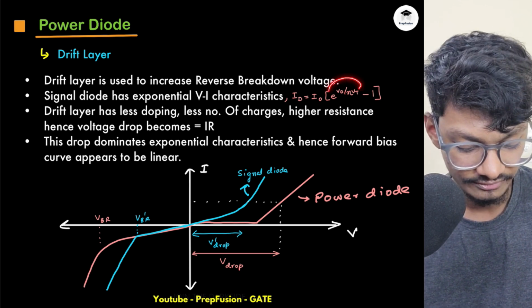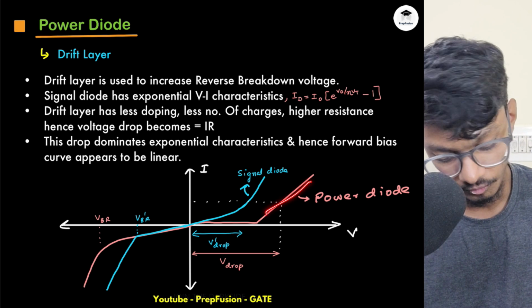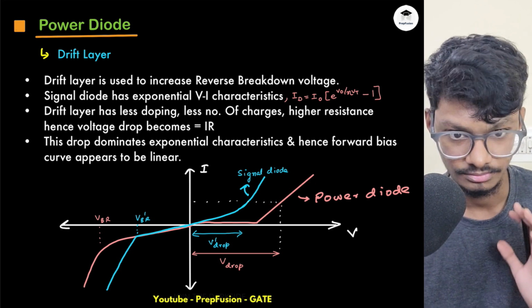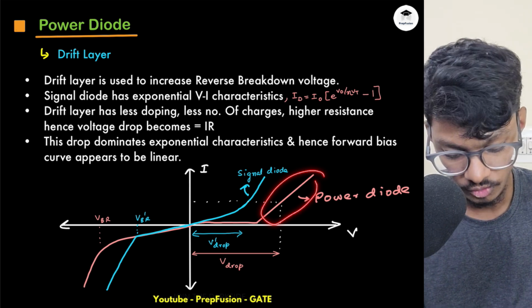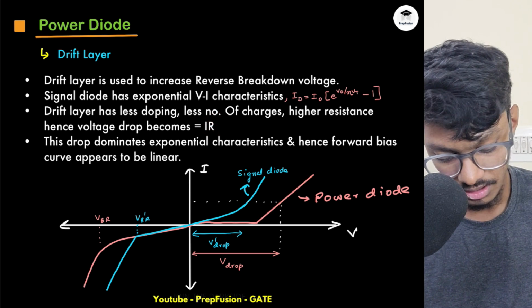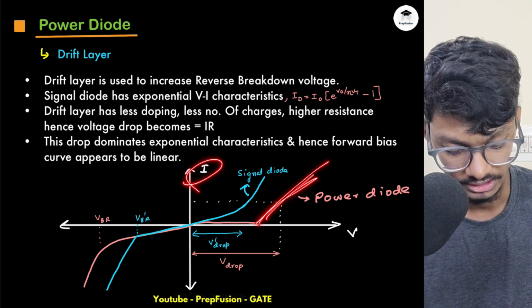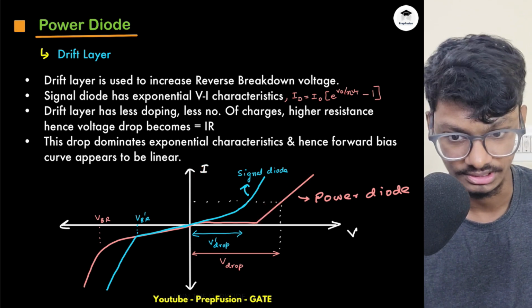Because the VD upon eta VT term almost becomes linear. That's why we can linearize our power diode. Generally this doesn't happen, but we can linearize. We assume that this resistance R is almost constant, so the drop across the power diode will be linear. As current increases, this will also increase linearly.